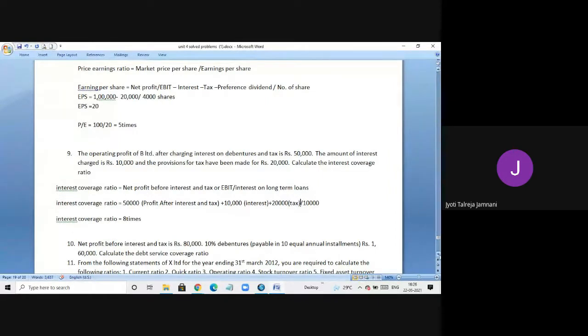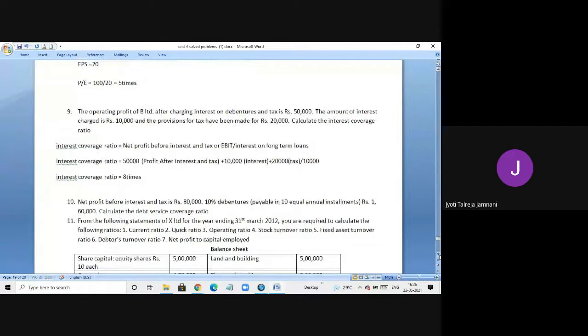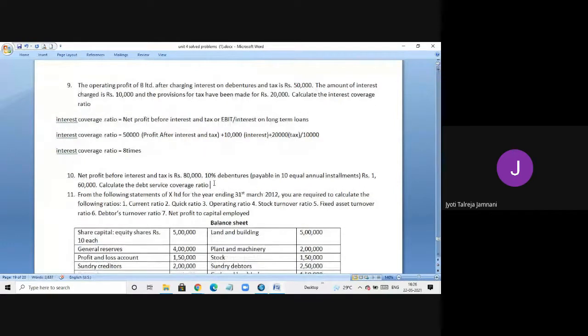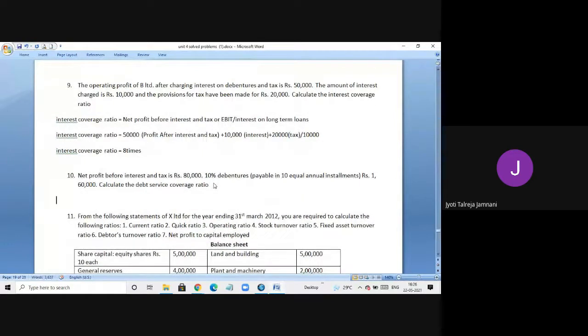So that was the 9th question. Let's do the 10th one. Next, they are asking you to calculate the debt service coverage ratio. Formula will write down first.